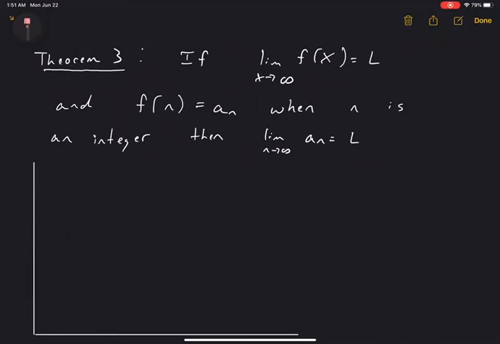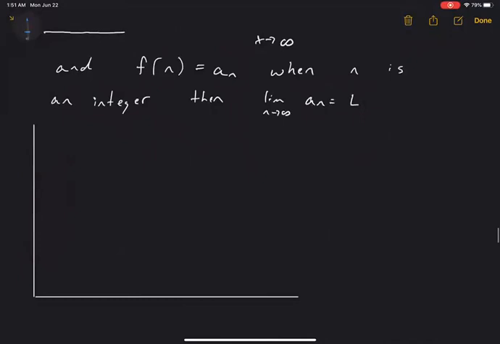What does this mean? Let's say I have a sequence, and I've graphed my sequence. And let's say I know somehow that there's a function of x that really just lies right on top of these points.